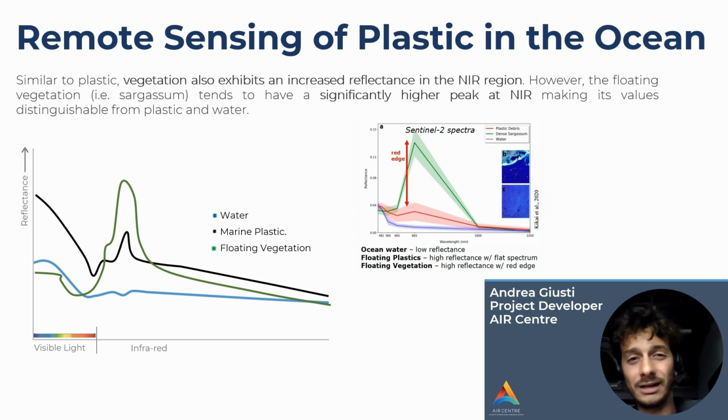In fact, algae has a distinct and specific higher peak in the near infrared part of the spectrum, which sets it apart from both plastic and water. And this behavior in this near infrared region still gives us the possibility to differentiate floating algae, in this case, from other materials such as plastic and from the surrounding water.